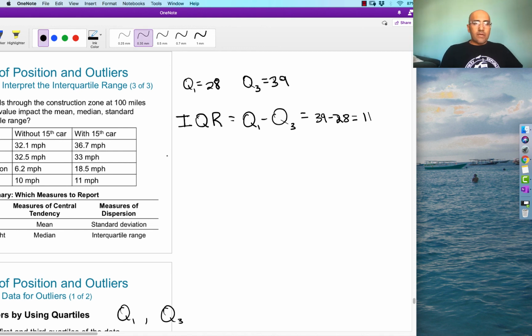Okay, so the lower fence is going to be equal to Q1 minus 1.5 times the IQR value.